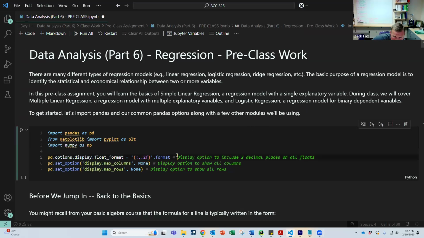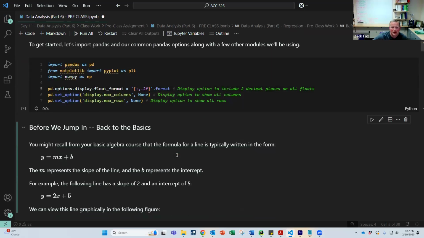To get started, let's import pandas and our common pandas options, along with a few other modules we'll be using, like matplotlib and numpy. Load those in. Now let's get back to the basics. You might recall from your algebra class way back in junior high that the formula for a line is typically written in the form y equals mx plus b, where m represents the slope of the line and b is the intercept.